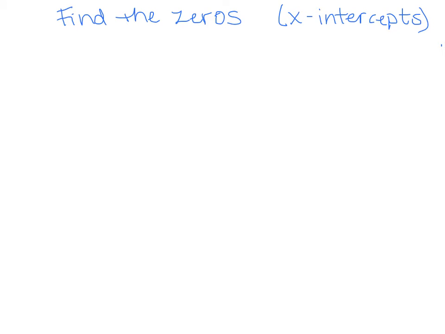So I'm going to go ahead and just write down an equation. y equals x squared plus 5x plus 4. So that's what an equation looks like for a graph, right? Because it has the y equals part. And so what we're going to do is find the zeros of this function, which basically means we're going to find out where it touches the x-axis.